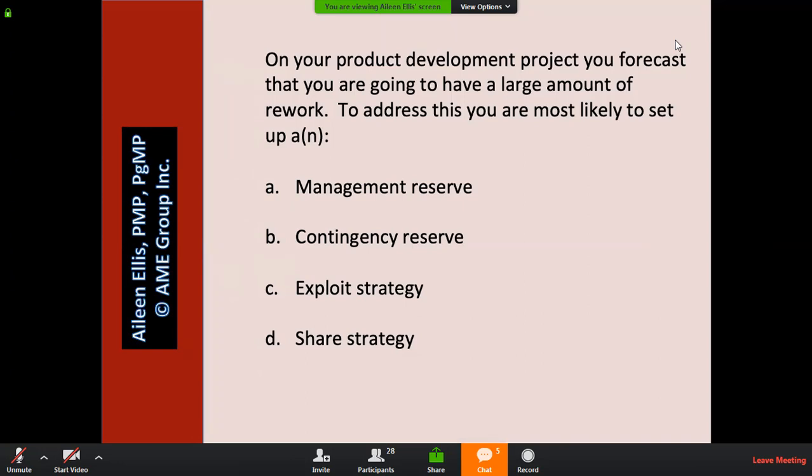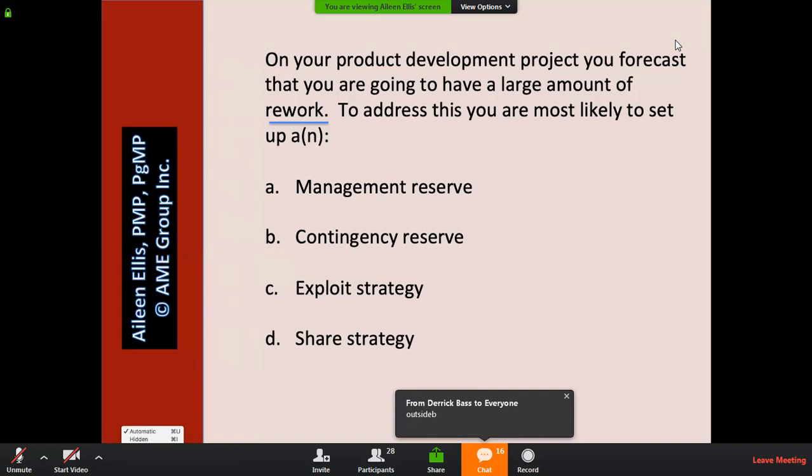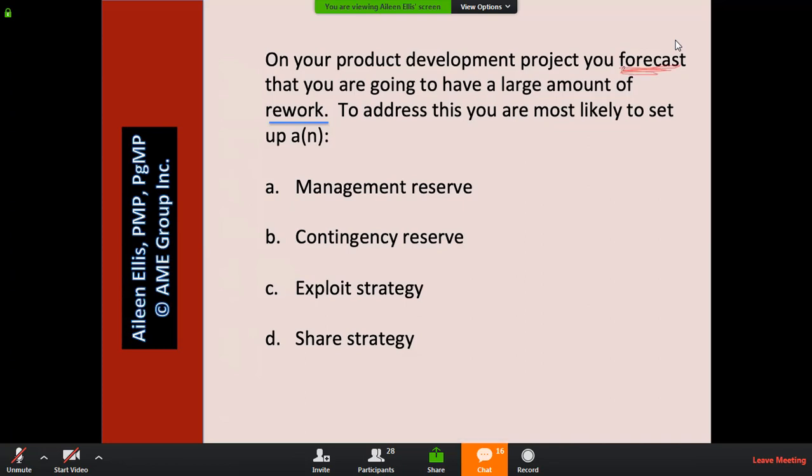To address this, you are most likely to set up... So if we're forecasting that we're going to have rework, is this a known unknown or an unknown unknown? So this is a known unknown.